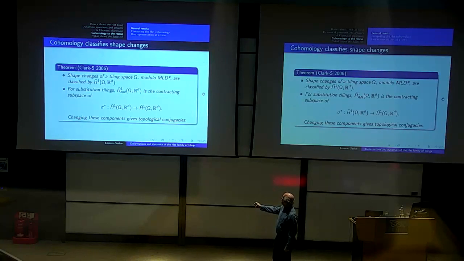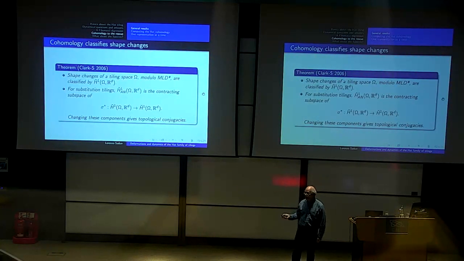And those we call the asymptotically negligible guys. And you can get those by looking at how substitution acts on the cohomology and looking at the contracting subspace. And those are the asymptotically negligibles. So this is the theorem from 17 years ago, when I had a little bit more hair. Well, I had some. I had some.